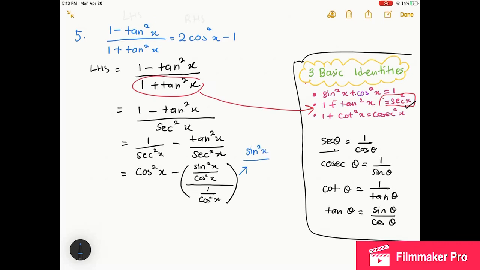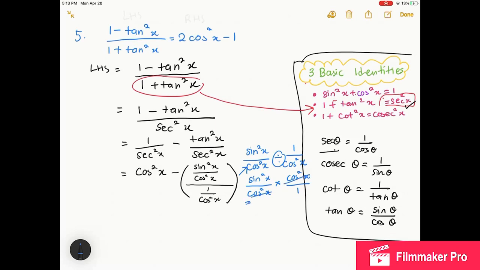So easy. So this is actually sine square x over cos square x divided by 1 over cos square x. So what I do is that I need to change division to be multiplication. So what to do? So cos square x will be the numerator and 1 will be the denominator.